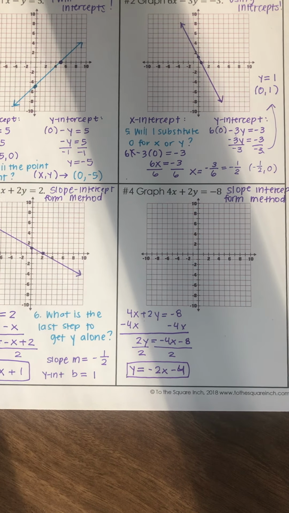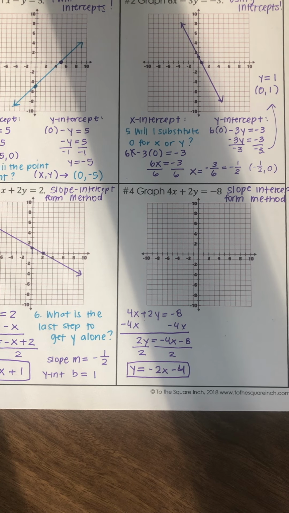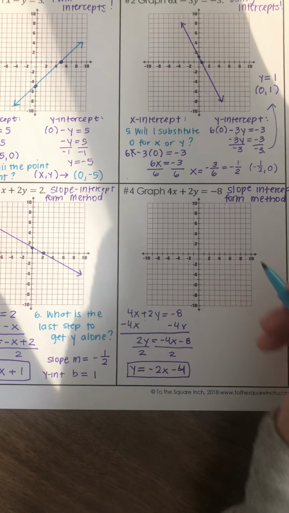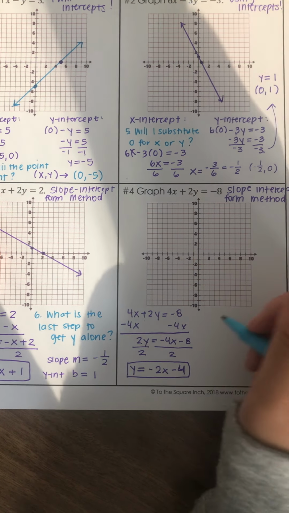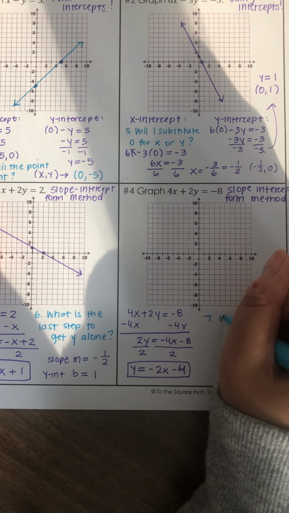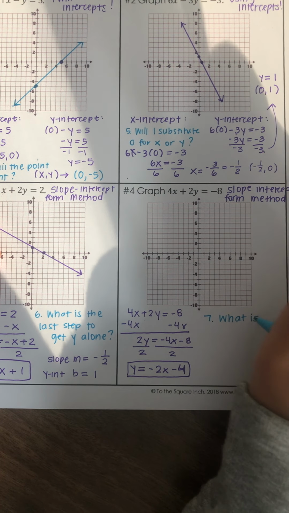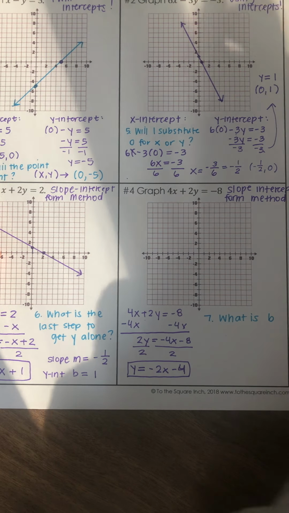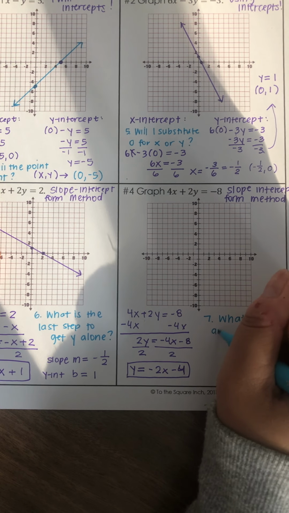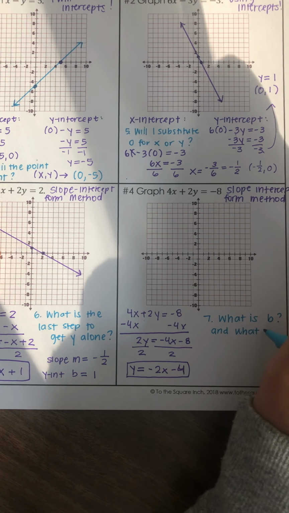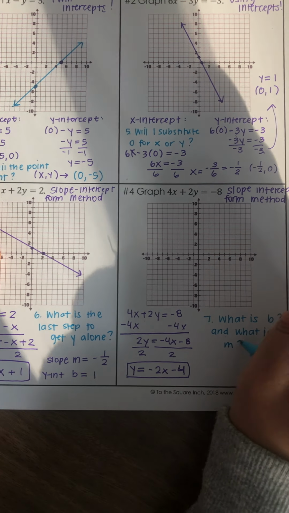So now that we have our slope-intercept form, your last chat participation point is going to be, what is b, or the y-intercept, and what is m, or the slope.